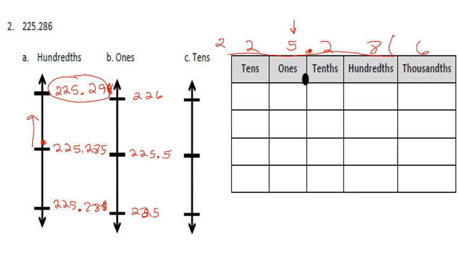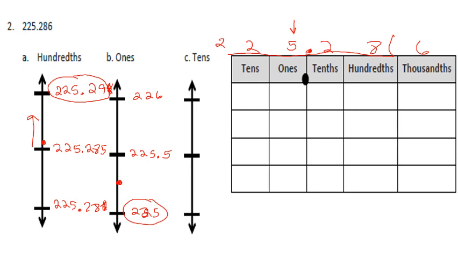Now I'm going to take my original number, 225 and 286 thousandths. 286 thousandths is going to be roughly right about here somewhere. So since it's below the halfway point, we would round to 225.